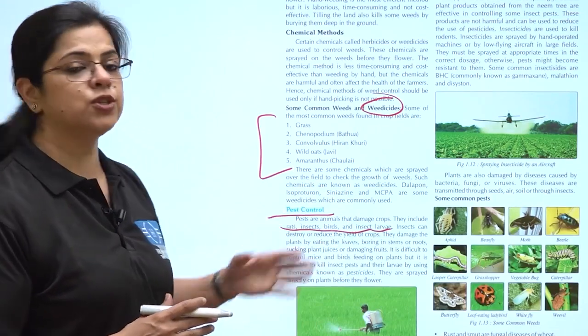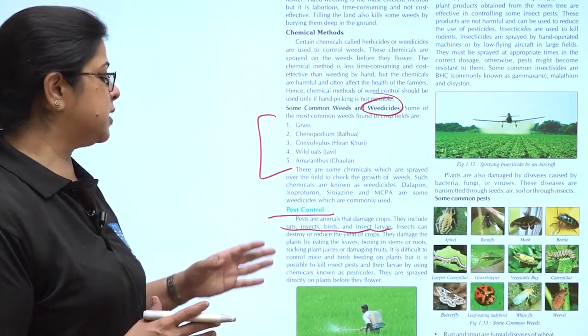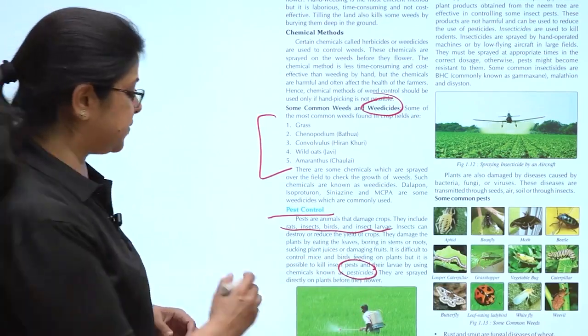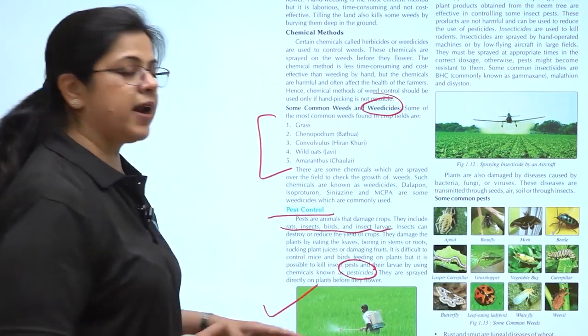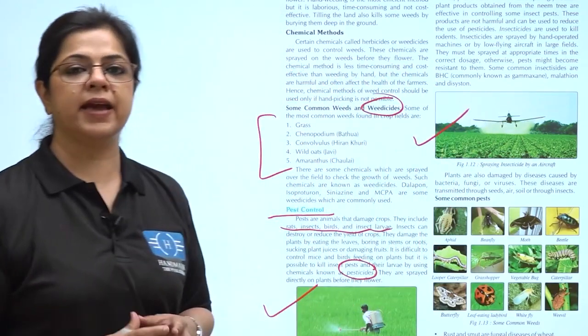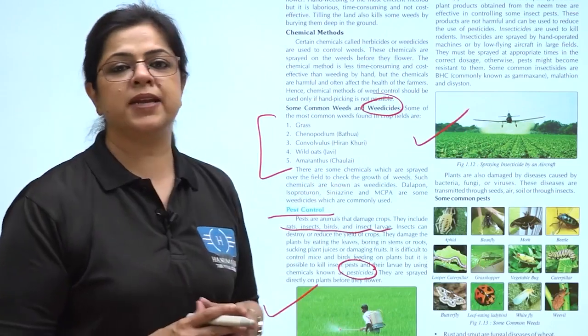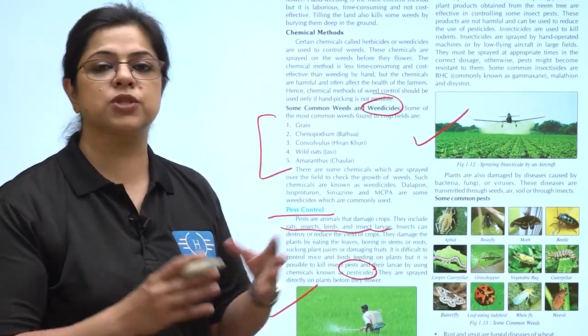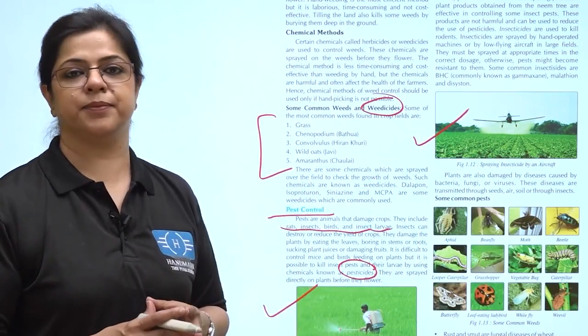The method that is used for pest control is by spraying pesticides. These pesticides, as we can see in the picture, are either sprayed manually or are sprayed through an aircraft. Obviously, spreading the insecticide or the pesticide through an aircraft would cover a larger area.